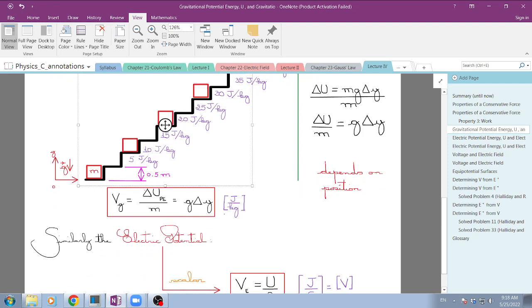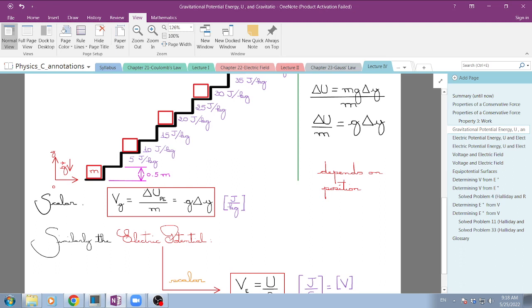The greatest advantage is that this is a scalar quantity, and it is independent of the mass. This depends only on the position. So as you can see, it is going to be very easy to calculate the work now.